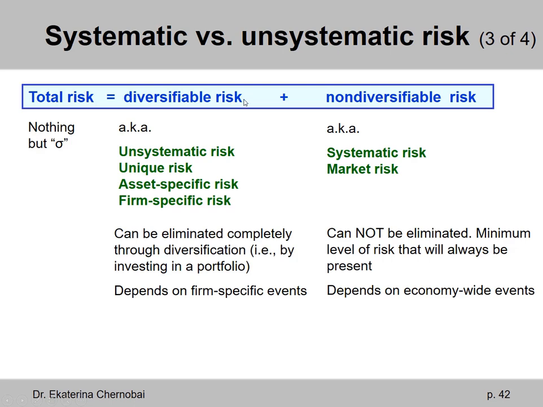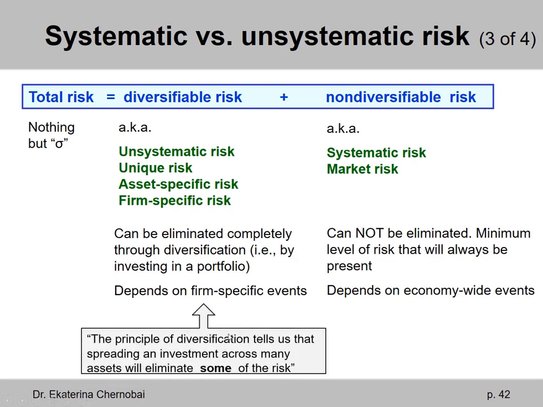So diversifiable risk is caused by fluctuations in actual returns on some stock within your portfolio that are caused by events which are unique to that particular company. Non-diversifiable risk are fluctuations in returns on a particular company stock within your portfolio which are caused by economy-wide events, something that you cannot offset with gains from other stocks in your portfolio.